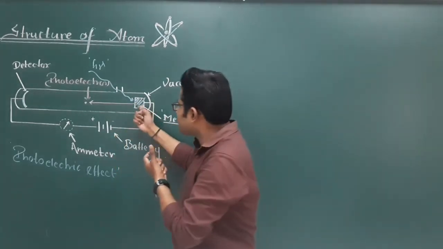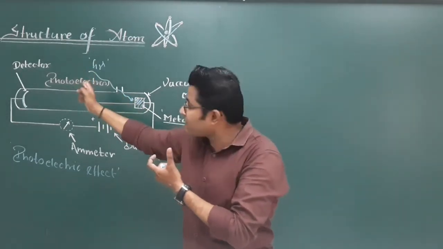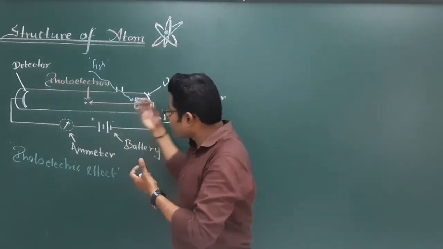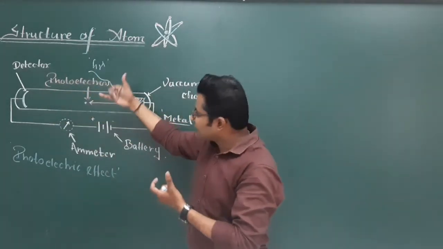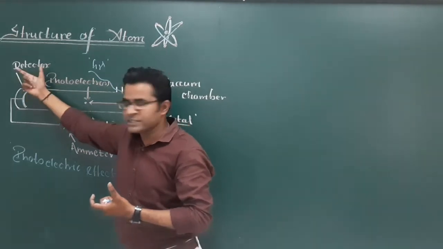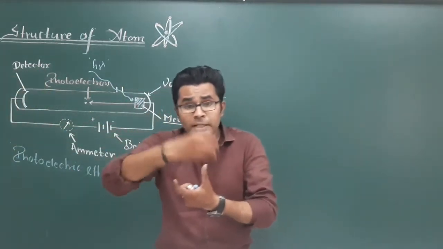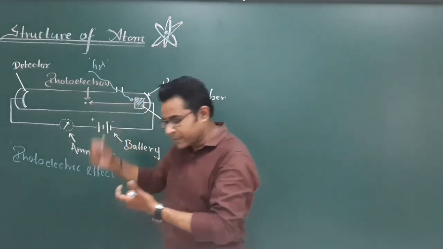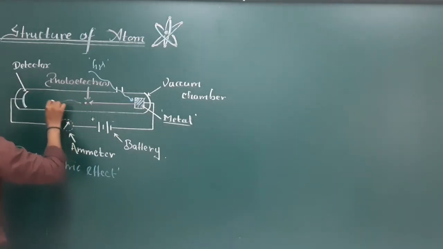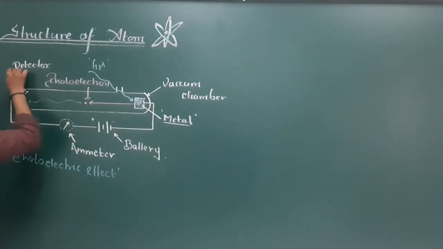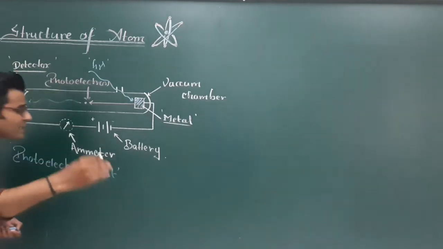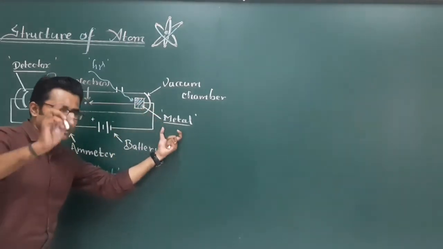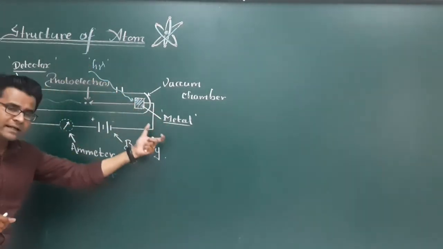And this electron which has been ejected from the surface of this metal, we call a photoelectron. Now this photoelectron goes directly to the detector. The detector tells us how many of these electrons have been ejected from the metal upon the incidence of a suitable radiation.